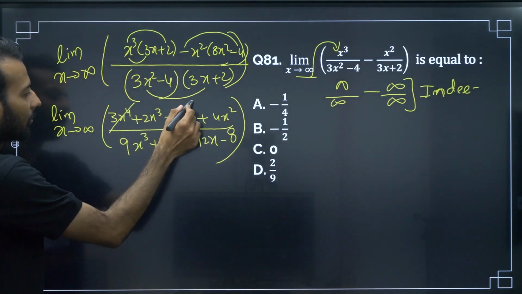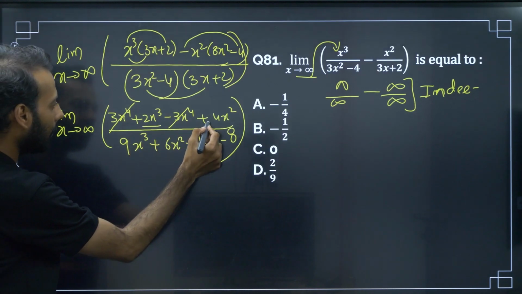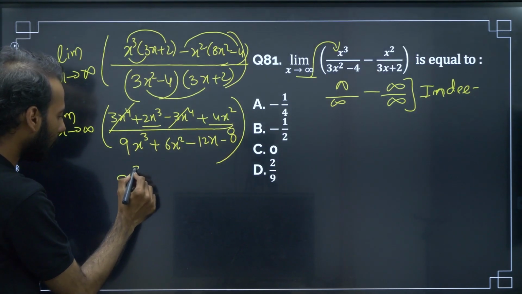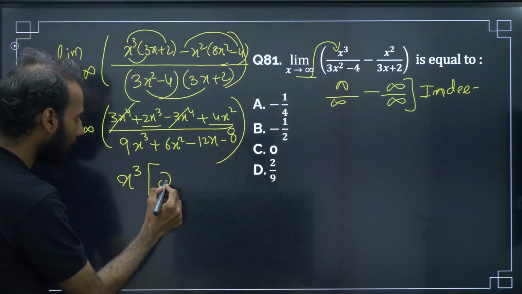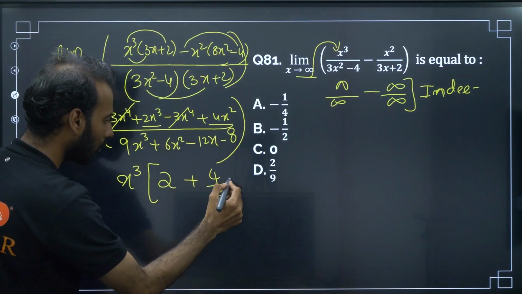So positive 3x to the 4 minus 3x to the 4 cancel. In 2x cube plus 2x cube, I will take x cube common. What am I left with? I am left with 2 plus, here I am left with 4. I have taken x cube outside.